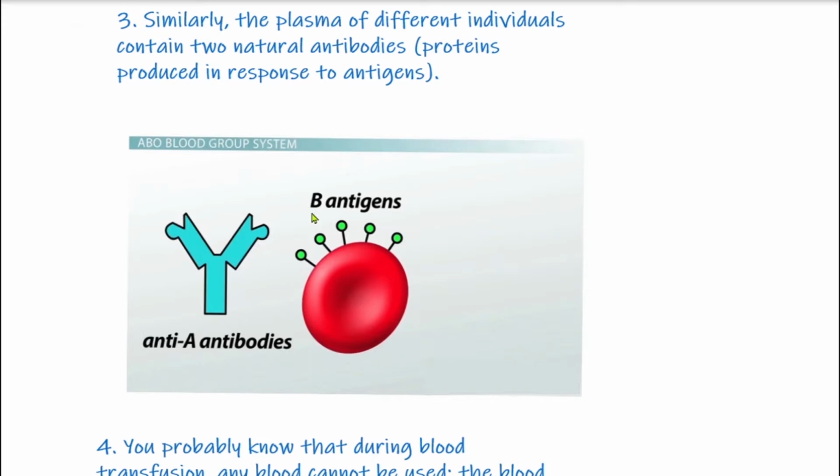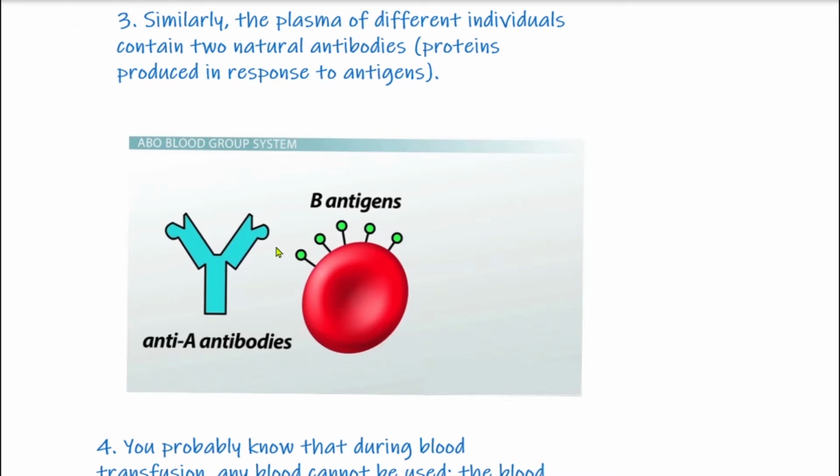For example, if a person is of blood group B, then his RBCs will have B antigen over the surface, but his blood will carry antibodies against the A antigen, because the body's immune system recognizes the B antigen as self, but recognizes the A antigen as non-self, and forms antibodies against non-self.